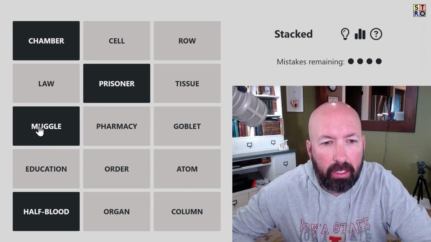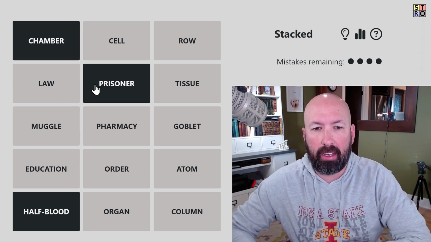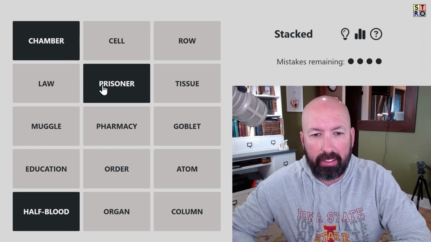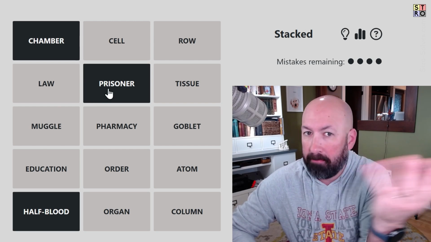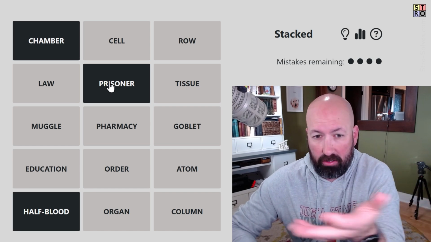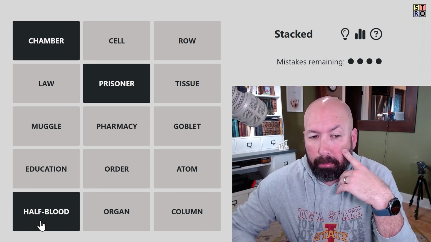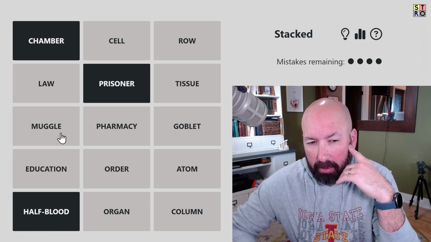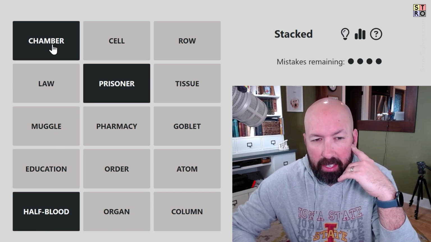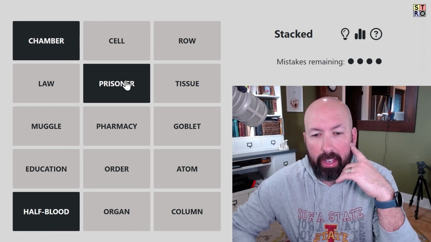Oh, wait. I'm not great on my Harry Potter knowledge, but one of the books is called The Prisoner of Azkaban or something like that. I think there's a Chamber of Secrets, the Half-Blood Prince. Muggles are a thing in Harry Potter, but I don't know if there's a book. I'm thinking like the first word in Harry Potter book titles.